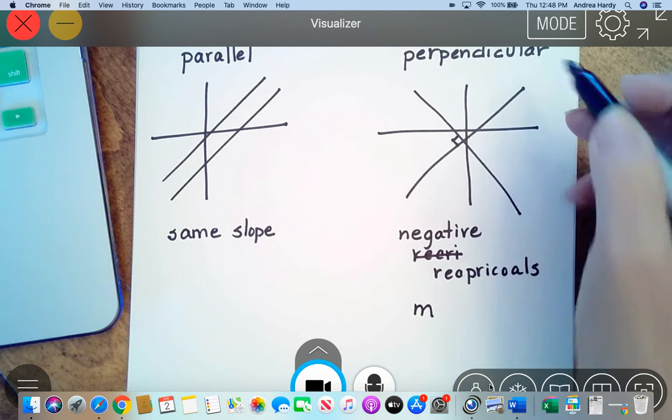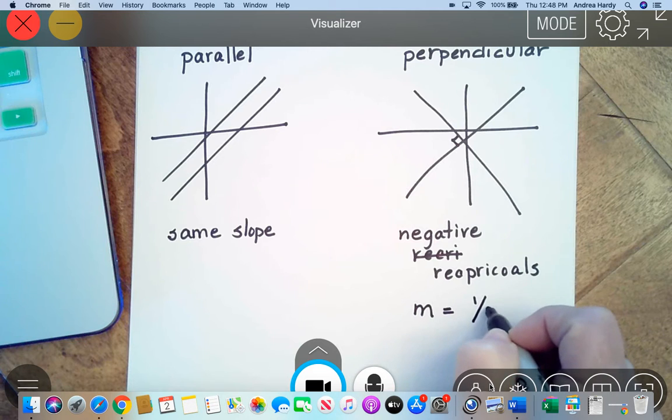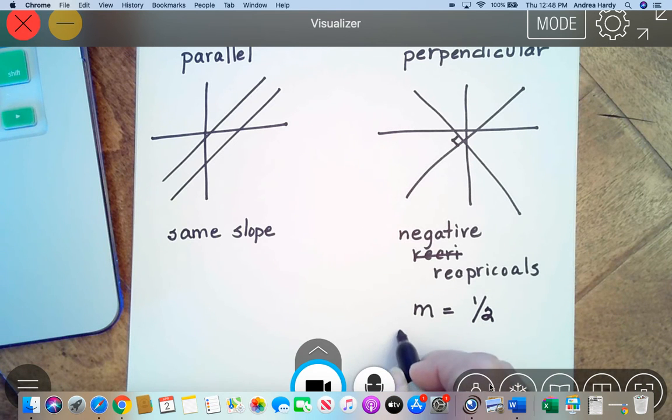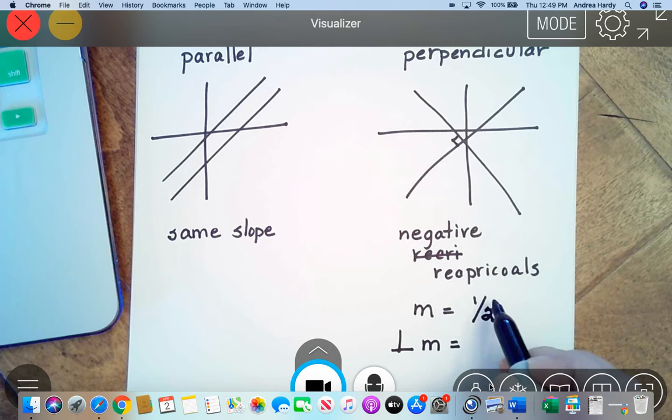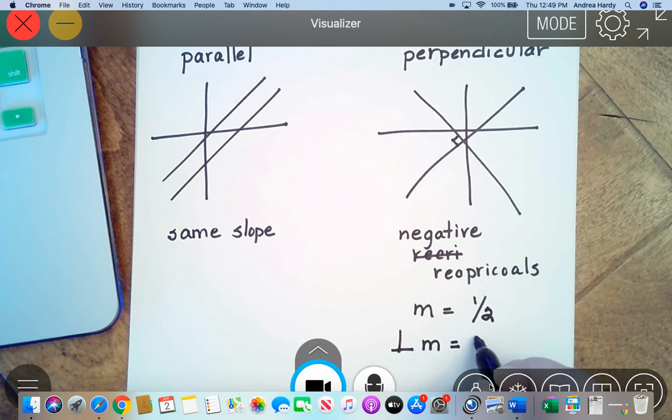So what this means is that if I have a slope, let's say that the slope of this one right here is 1/2, then a perpendicular slope, I'm going to multiply it by negative. If it's positive, I'm going to change it to negative. If it's negative, I'm going to change it to positive. So it's going to be negative, and then I flip it: 2/1, or just -2.